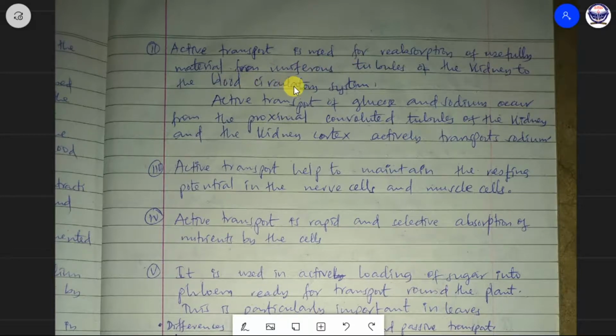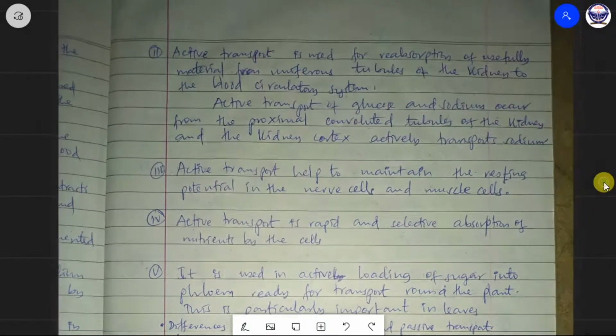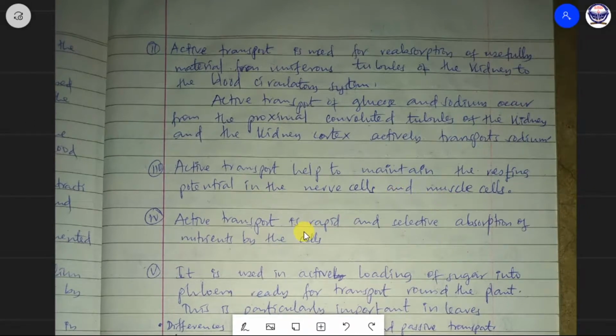So active transport is also responsible for the reabsorption of materials into the kidney tubules. Number 3, active transport helps to maintain the resting potential of nerve cells and muscle cells, as I have already explained.